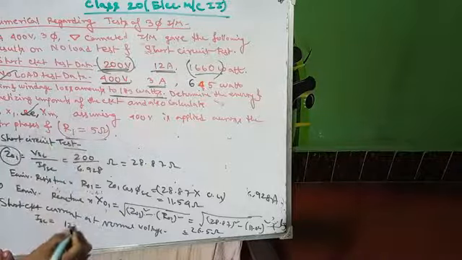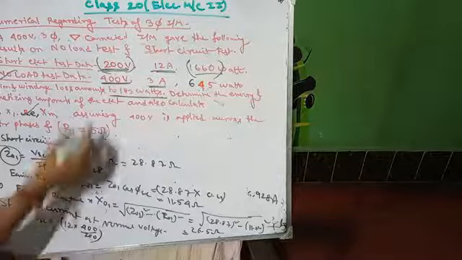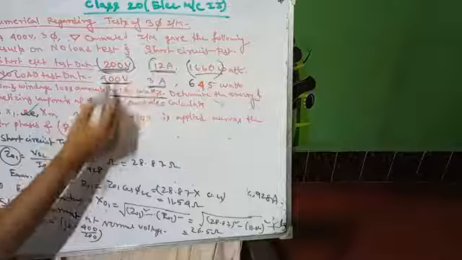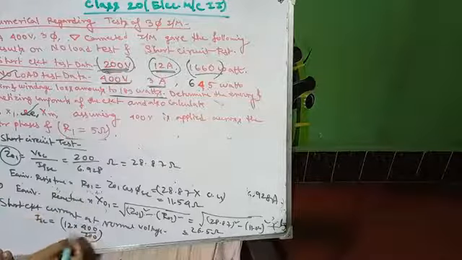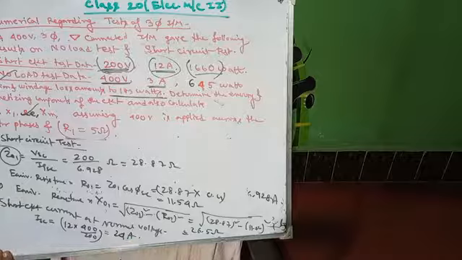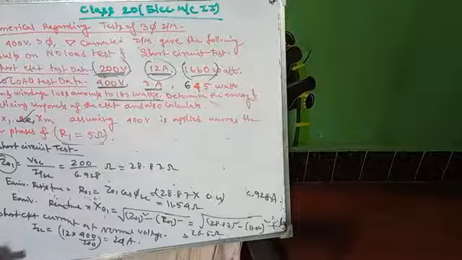That will be 12 into 400 by 200. The data here is for 12 ampere at 200 volt. Now if we apply 400 volt, it will be 24 ampere. Okay, so these 5 answers. Previously it was 7 answers, now it is 5 answers.